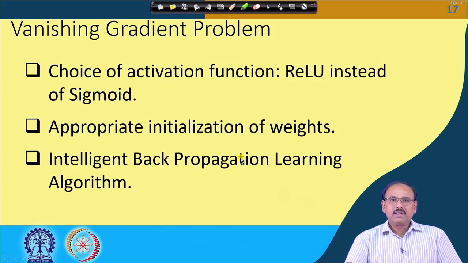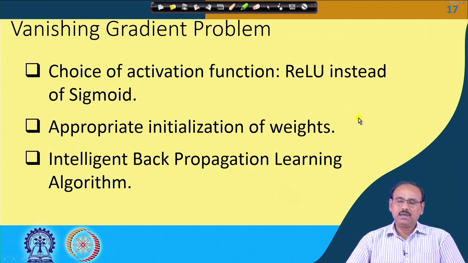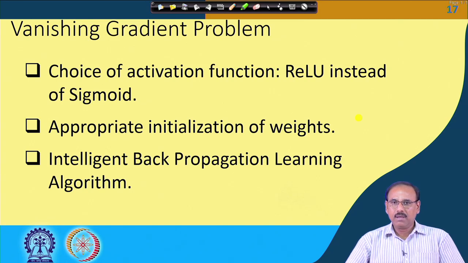That is the reason that in case of deep neural networks, instead of using the sigmoidal function as a nonlinear activation, the nonlinear activation function which is mostly used is the rectified linear unit. Because if I take the sigmoidal function, then the maximum derivative of the sigmoidal function, as we have told in our previous class, is 1 by 4, which is already less than 1.